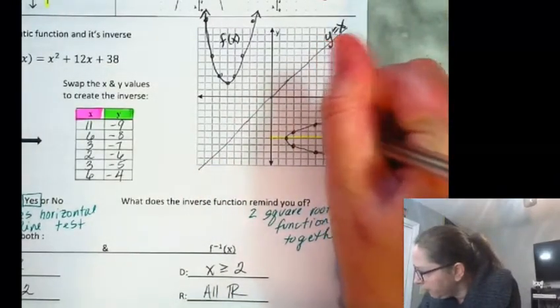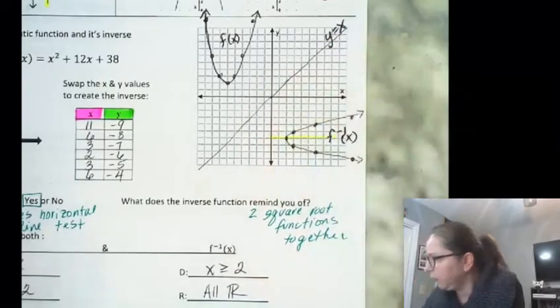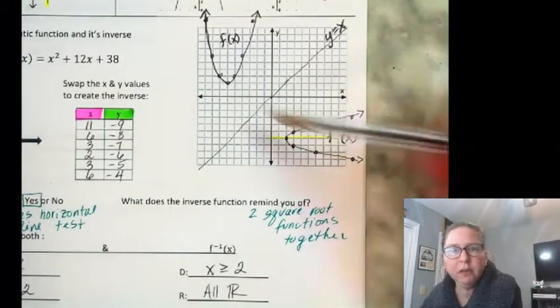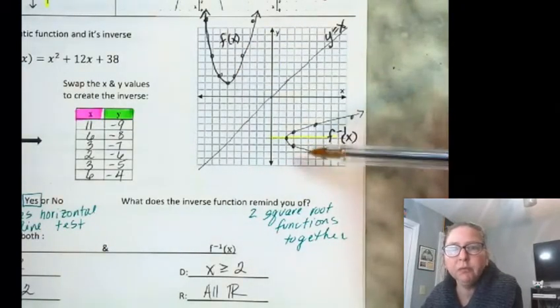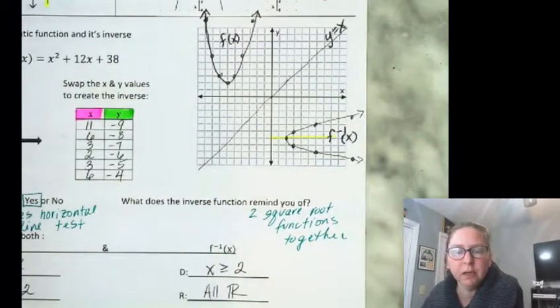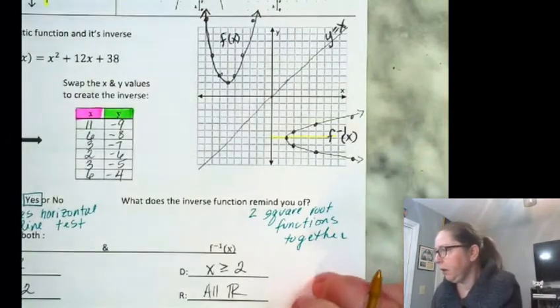Okay, and this is the inverse function of x. So this was the original, this is the inverse, and you can see that it is a reflection over this line right here, this diagonal line, which is kind of neat, okay?